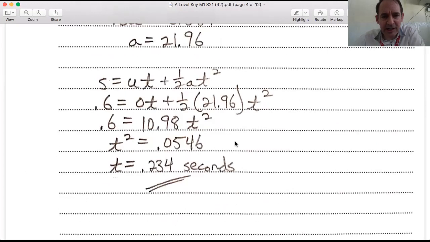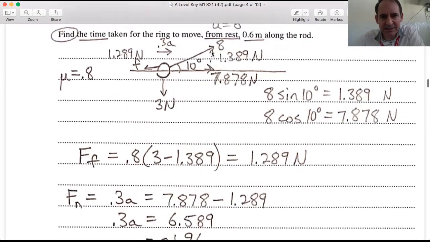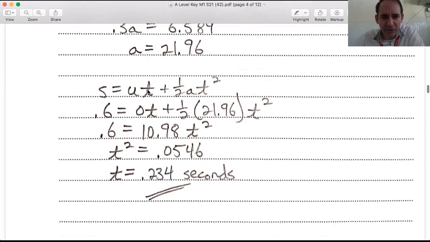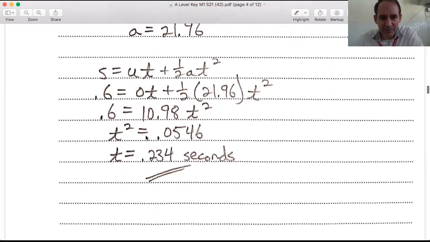Our initial velocity is 0 because it says that it's from rest. Time is what we're solving for, plus 1/2 A. We just calculated that, 21.96 t squared. So we end up with t squared equals 0.0546. And time then for that moving of 0.6 meters is 0.234 seconds to 3 significant figures.